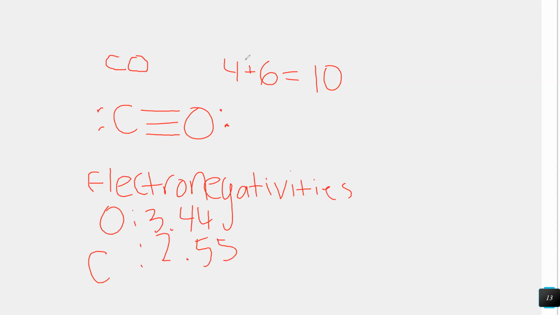So clearly the electronegativity of oxygen is greater than that of carbon. And electronegativity is the ability of an atom to attract electrons. And so therefore more electrons are going to be concentrated on the right side of this molecule. And so because of that, we can write that the positive end of the molecule is there, the negative end of the molecule is there. So therefore, this is a polar molecule that has a dipole.